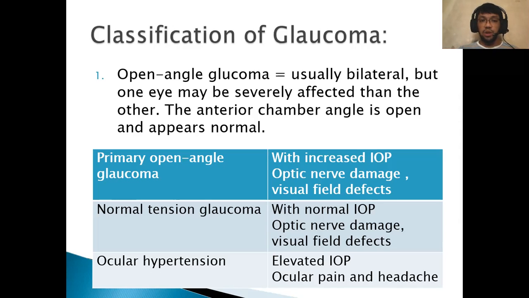Normal tension glaucoma has a normal IOP, but there is optic nerve damage with visual field defects. For ocular hypertension, there's elevated IOP, and the patient is going to feel ocular pain together with headaches.